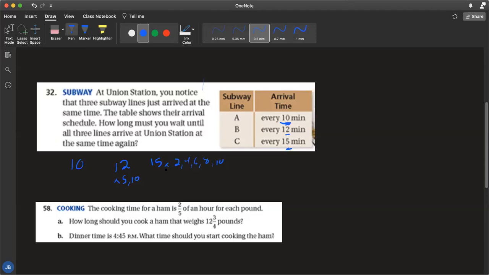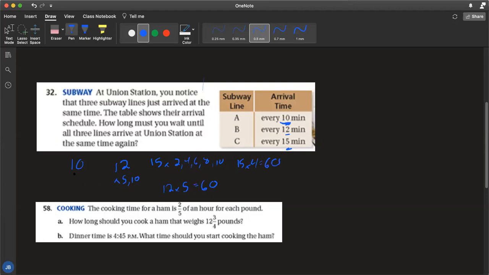So when we're looking at these, this makes it a little bit easier to solve, right? So we'll start off with just the easiest one, 12 times 5, which equals 60. So can 15 times any of these numbers equal 60? Go ahead, Jerry. 15 times 4 equals 60. Perfect. So 15 times 4. And now we have to go back to our 10.